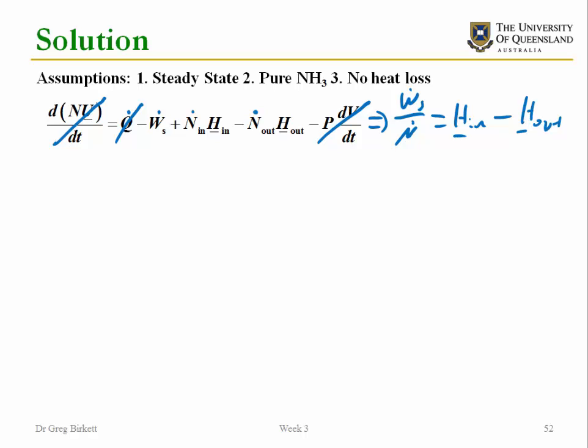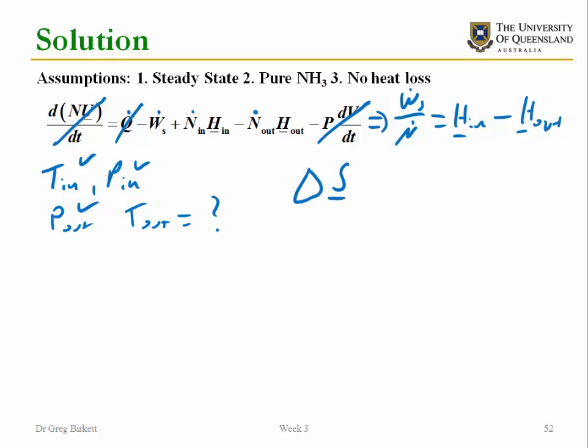So I'm wanting to calculate the change in enthalpy between my inlet and outlet conditions. I know my T in and I know my P in, I know my P out, but I don't know my T out. That is a question mark. To get my work and to find out what that temperature is, I need to start from a basis, and that basis is that I'm going to look at the case of an isentropic compressor. So I'm going to set my entropy change equal to 0.